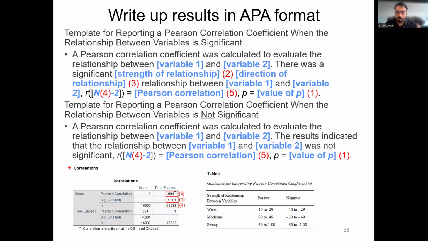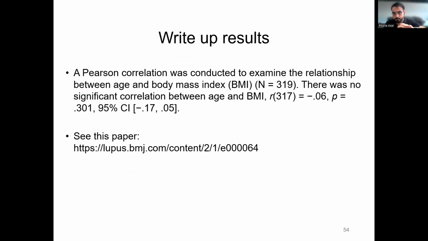So if the correlation is not significant, of course there is no need to report the direction or the strength of the relationship. Then we will use the values from the SPSS output and plug those values into this template.